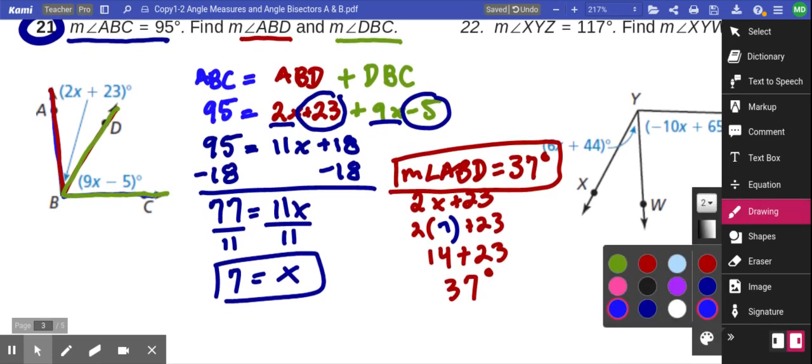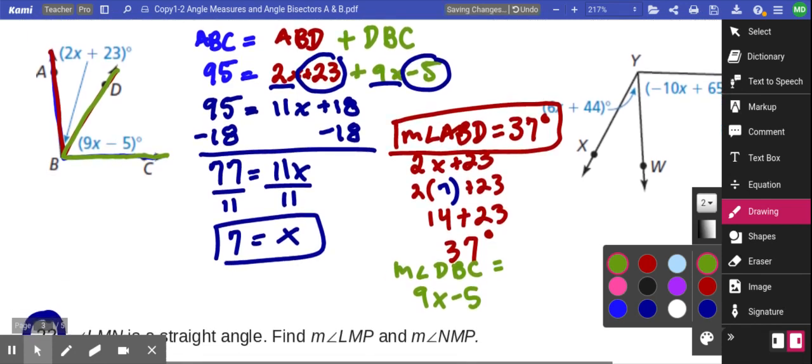We also want the measure of angle DBC. We know DBC was 9x minus 5. We knew x is 7.